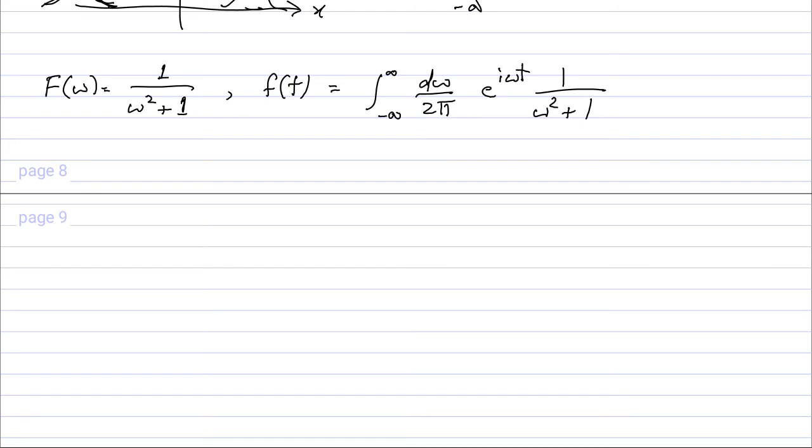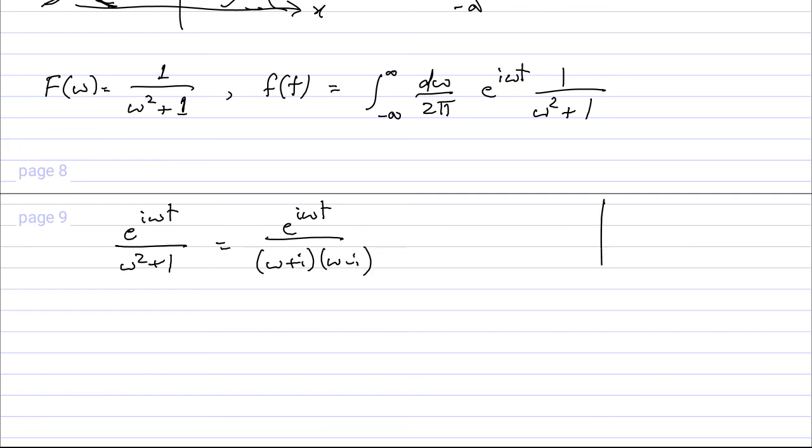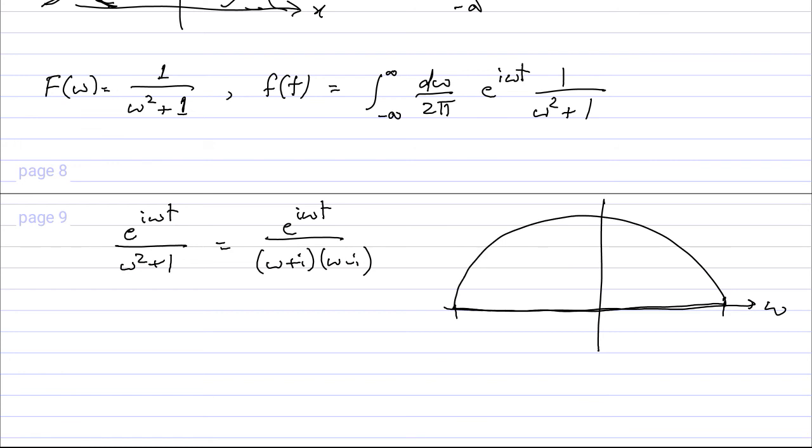If t is positive, then first of all you note that this integrand, which is e raised to power i omega t over omega square plus 1, has poles in the complex plane at omega equal to i and omega equal to minus i. Then, if t is positive, you should be closing this contour in the upper half plane.